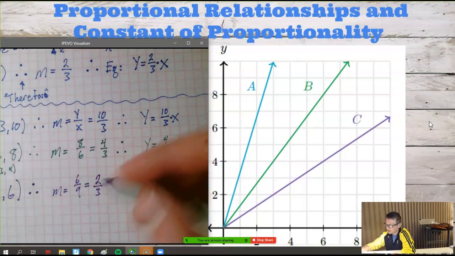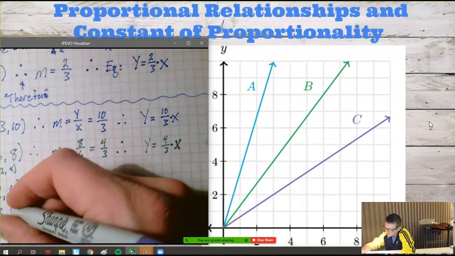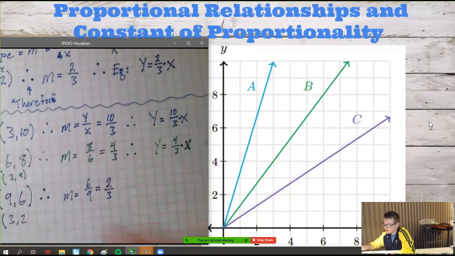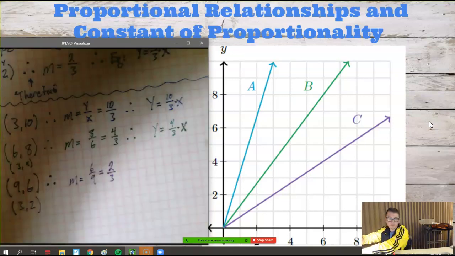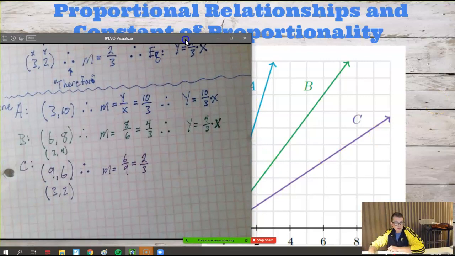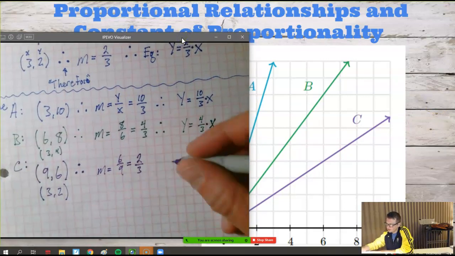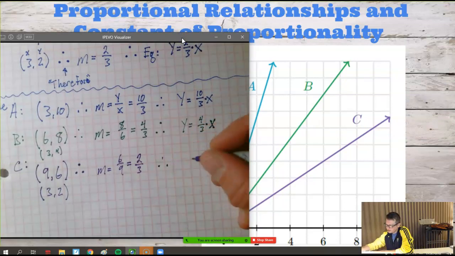So the point would actually be 3, 2. Yeah, 3, 2 is a point that we have. So we could use 9, 6. We could also use 3, 2. Oh, I need to move this over. That's why we can't see. Either way, when we reduce the slope down, we get to 2/3. So y equals 2/3 x.